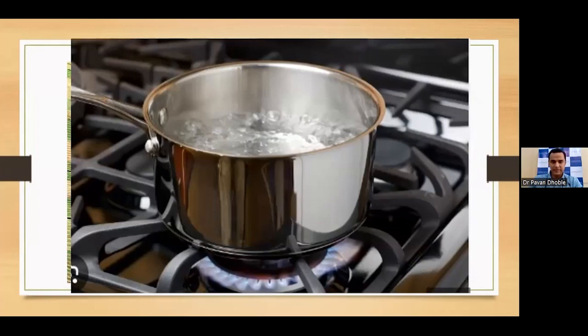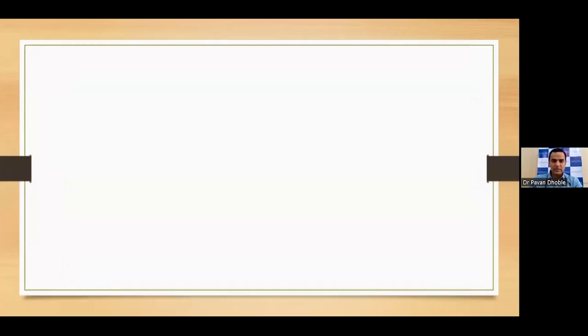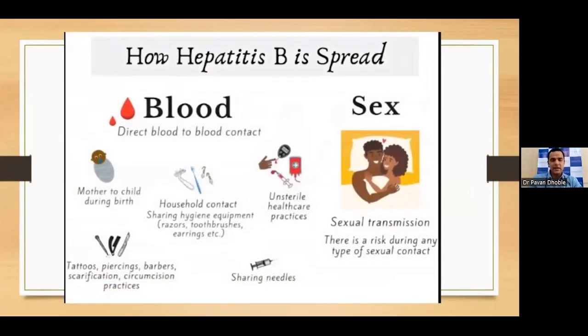and E virus. Coming to blood-borne viruses, which are B and C, they are transmitted through direct blood contact, sharing of needles, unsterile healthcare practices, unprotected sex, tattooing, piercing, and it could be mother-to-child transmission also.